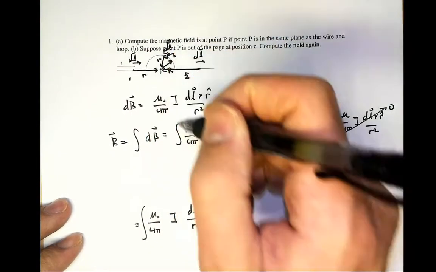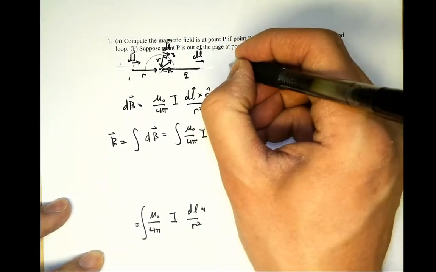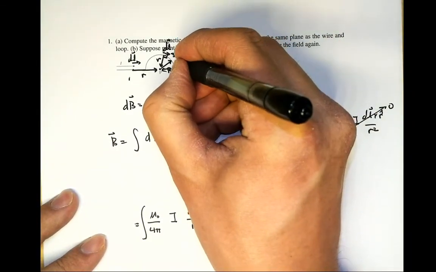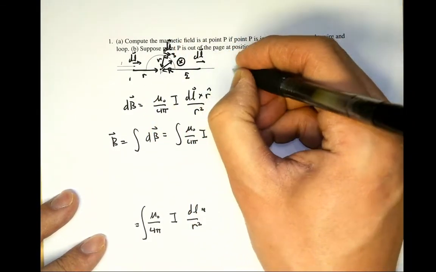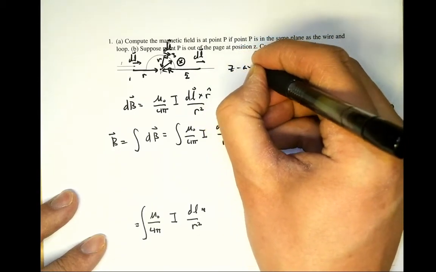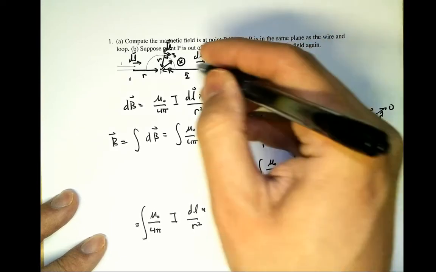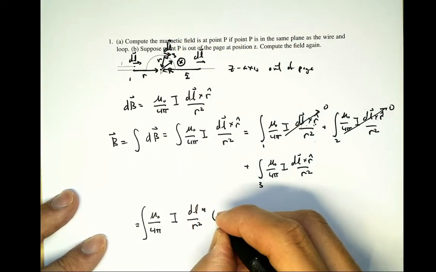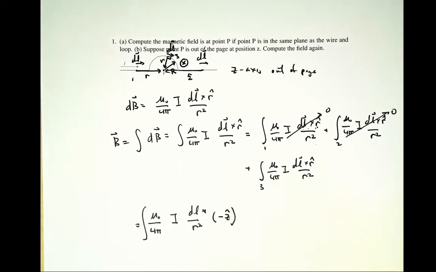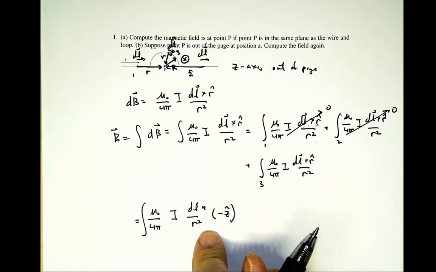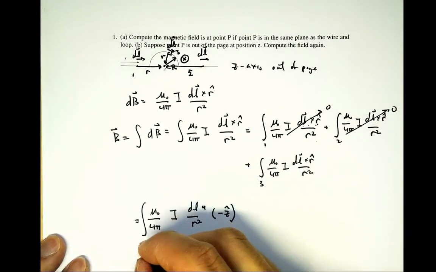So it's going to point straight down. I'm going to take this as the B field going downward. I'm going to call the z-axis out of the page, and this is pointing into the page, so it's in the minus z hat direction. Now I'm left with the integral I have to do over segment 3.